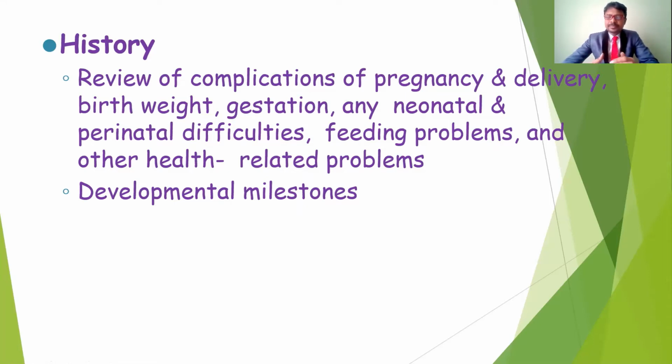That means the breathing pattern in the child, the skin color, respirations. All these things come under the Apgar score, and we have to know them. If we get the full history from the parents, we can predict the causative factors for the cerebral palsy. And also we have to know the milestone development.